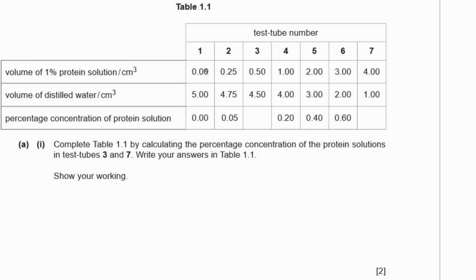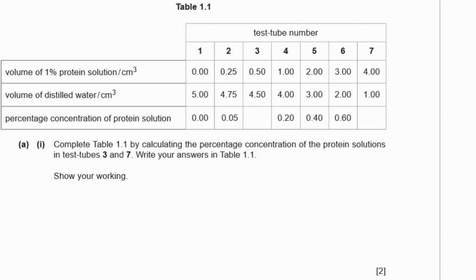So test tube 1 didn't have any protein, and test tube 7 had 4 centimeters cubed of 1% protein solution. And then we had the volume of distilled water, and test tube 1 had 5 centimeters cubed, and test tube 7 had 1 centimeter cubed, so in total there's 5 centimeters cubed of solution in all test tubes. And then they calculated the percentage concentration of protein solution.